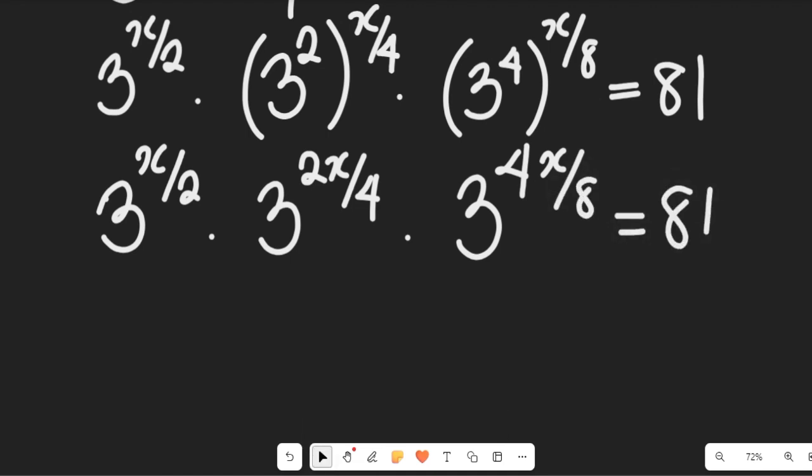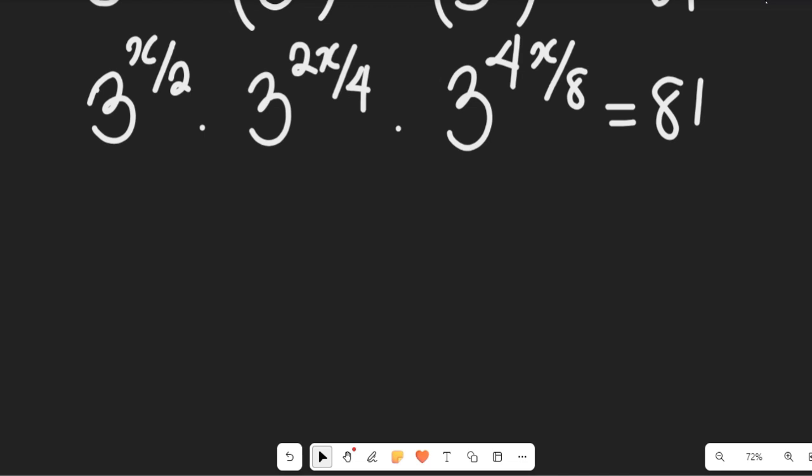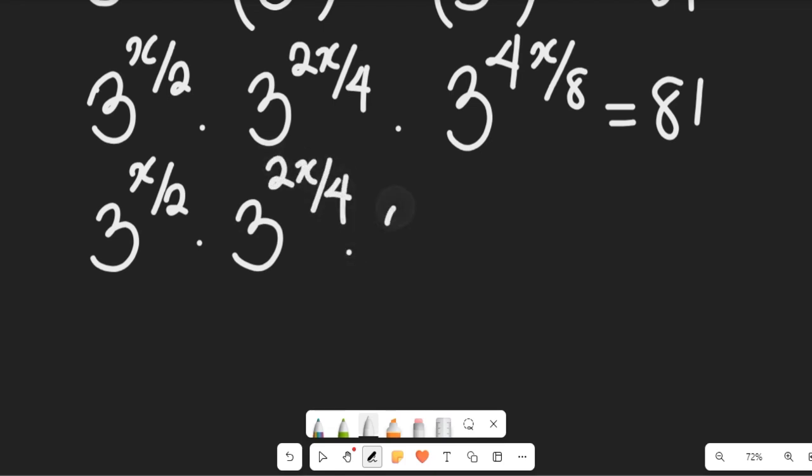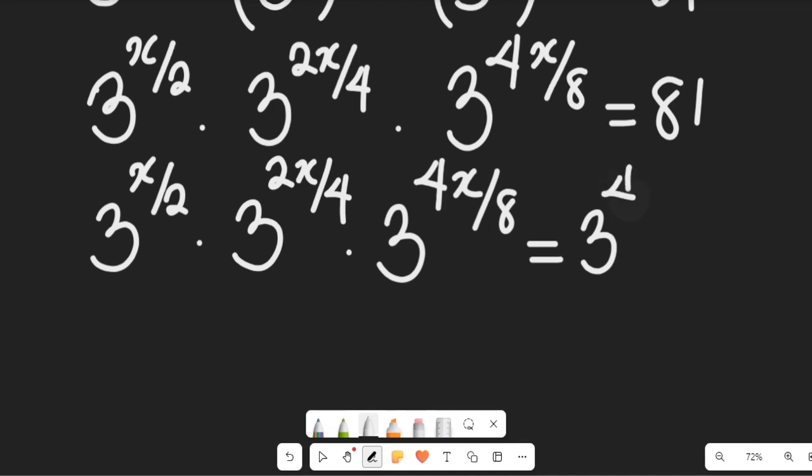Great. Now, in the next step, I want us to simplify this. This is going to give us 3 to the power of x divided by 2, multiplied by 3 to the power of 2x divided by 4, multiplied by 3 to the power of 4x divided by 8, and this will be equal to 3 to the power of 4.